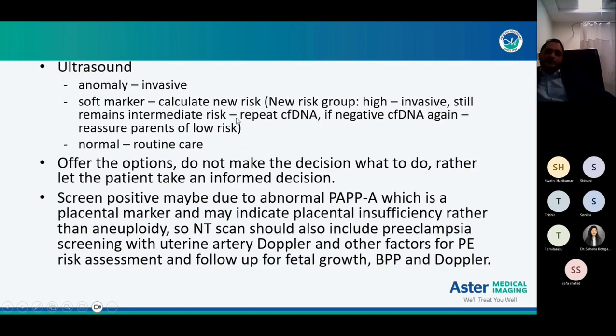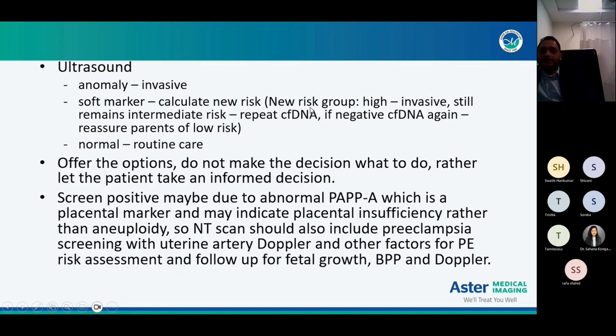Multivariate analysis has been done for markers in the second trimester. This study, if you search, then you will get software for calculating the likelihood ratio. Or in the fetal medicine software, if you feed in which markers are present and which are absent, then you'll get a summary of the likelihood ratio, and that is multiplied with the a priori risk, that is what we got from the combined screening, and the new risk is assigned.